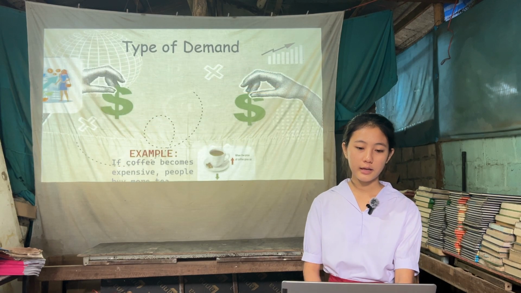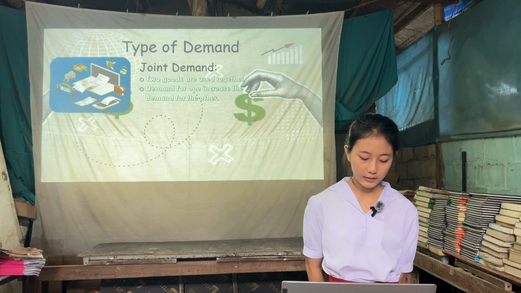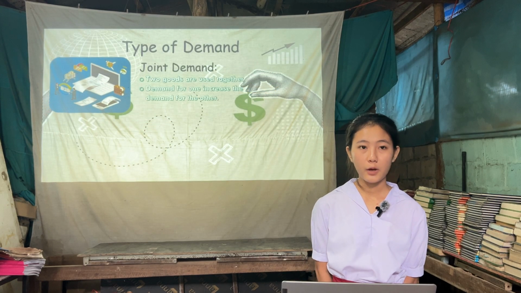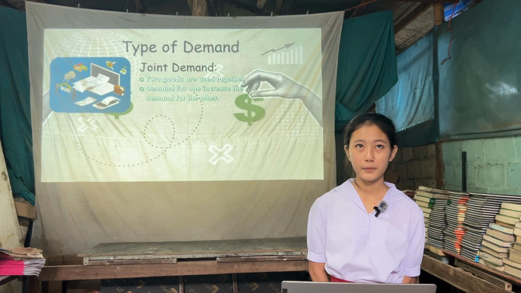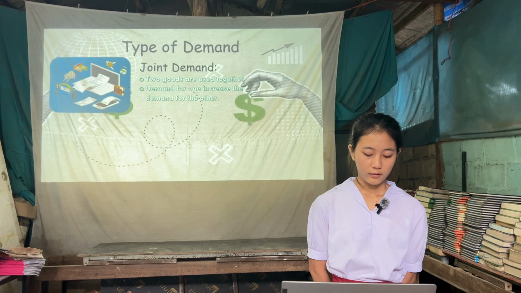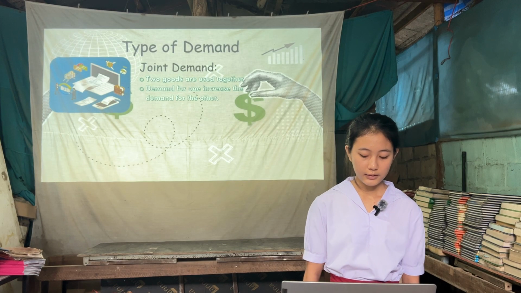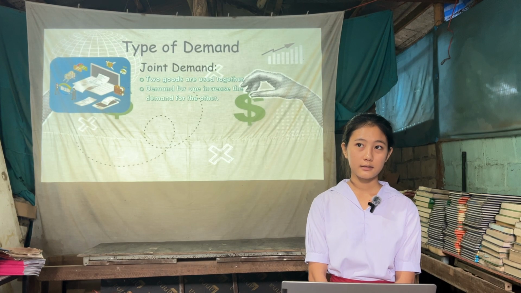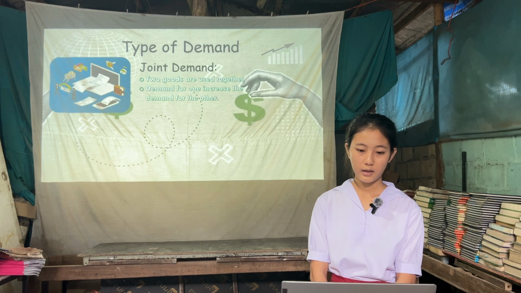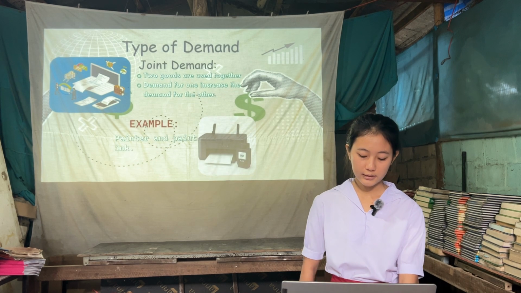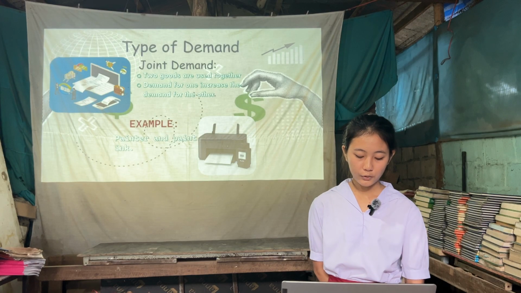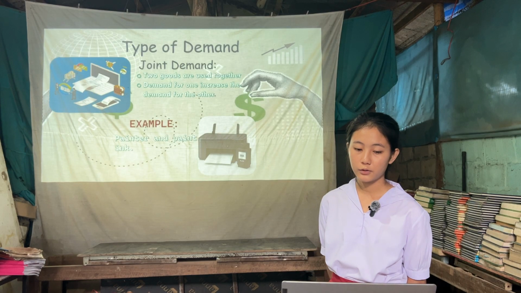And the fourth type is joint demand. Joint demand happens when two products are used together. When people buy one product, they also need other products. As you can see in the picture, a printer and printer ink are used together.